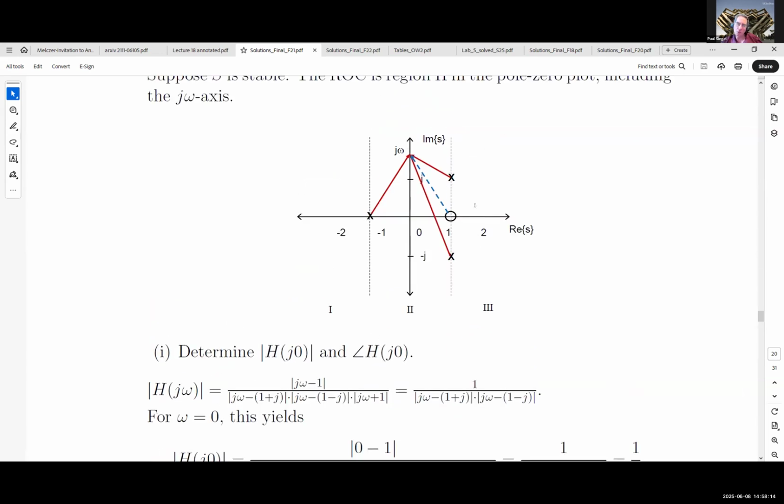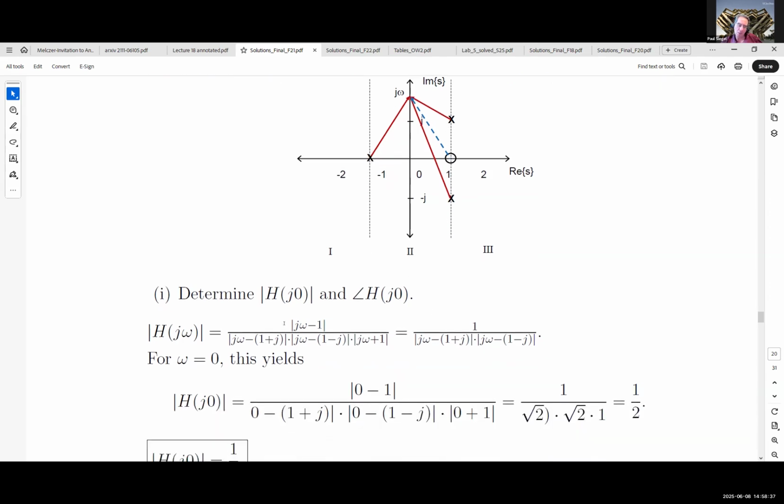And so now you ask, what can you say about the lengths of these vectors? The numerator is the dashed blue line. It's the length of that vector, j omega minus 1. The denominator is the 3 red vectors, the product of those. So you want to know how that product behaves.